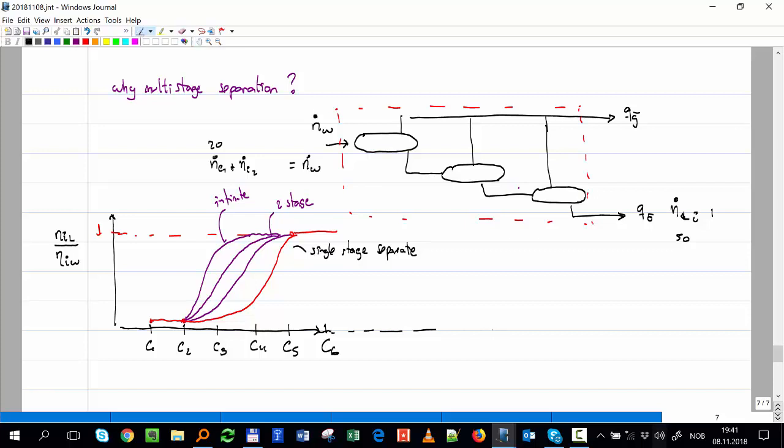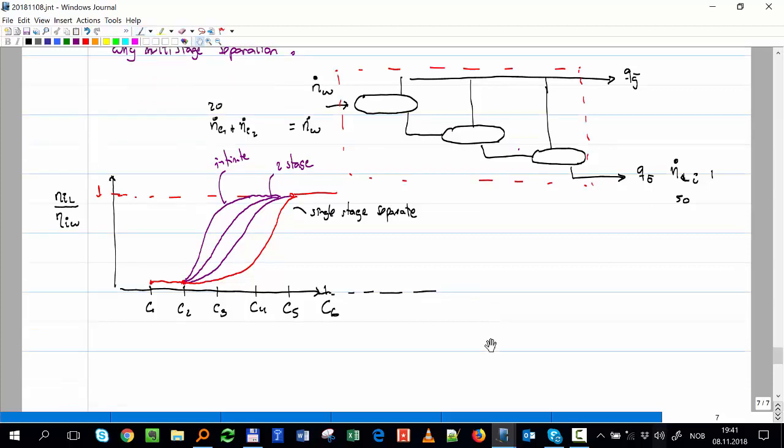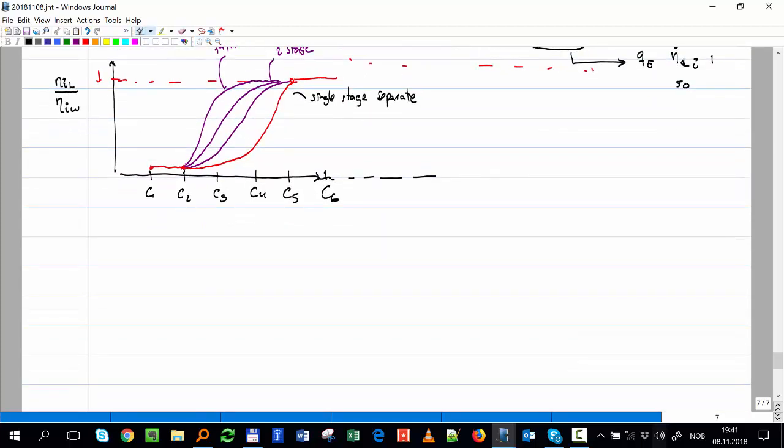So there are a few things that we have to be careful about, and that we're going to look at here. One is the effect of a high pressure.